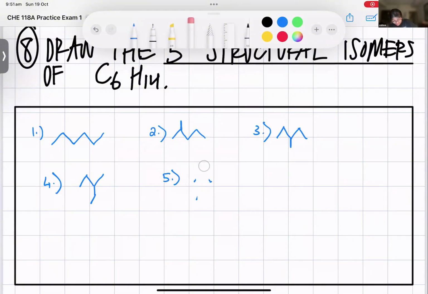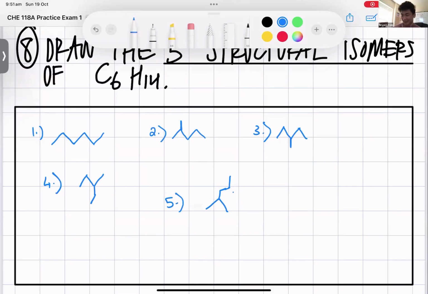Okay, 1, 2, 3, 4. 1, 2, 3. I feel like this structure looks so ugly, but it makes sense. 1, 2, 5, 6. 3, 4.